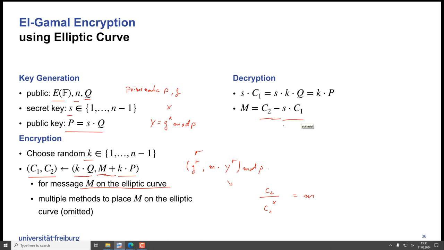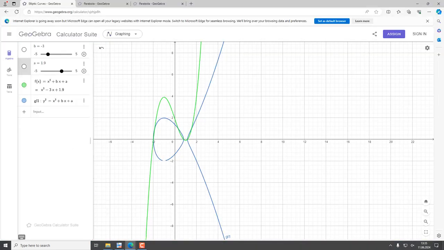For one value of x, you could have two values of y. And it's also the same problem for y. You could have several values. This is the problem we already saw with Rabin encryption, because in Rabin encryption we could have several roots, and so we need some padding.